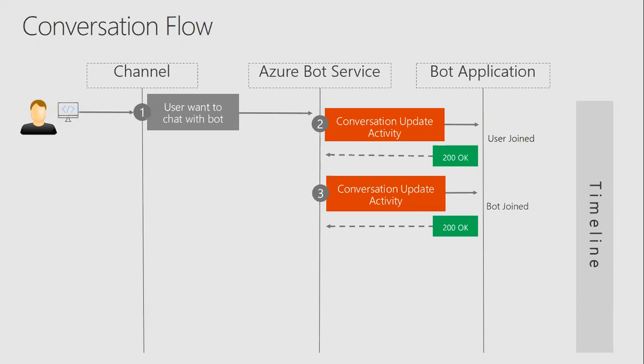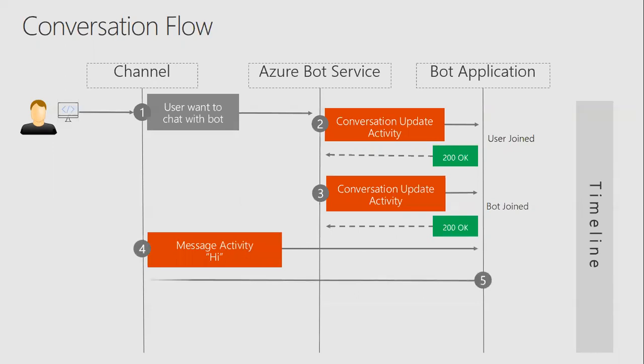That means the outbound HTTP request made for this inbound HTTP request will be in the same scope. Whenever the user sends hi and the bot application replies with a hello there message, these two are message kind of activities, and the previous one was the conversation update activity.